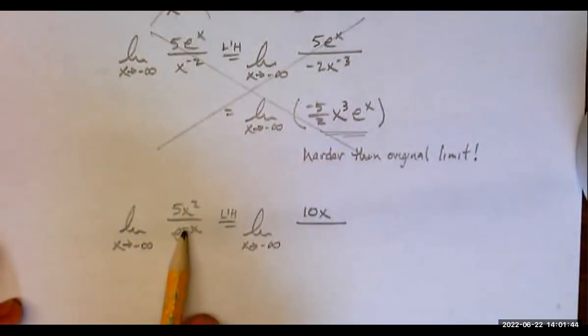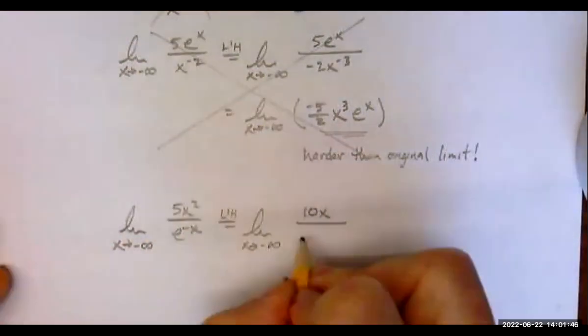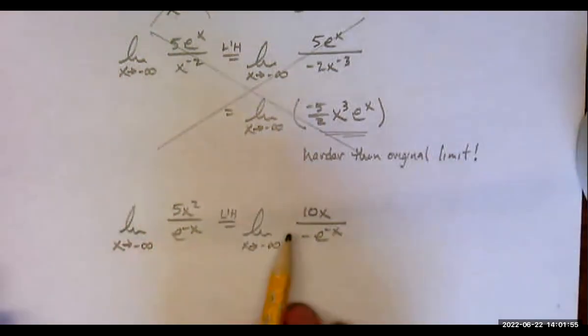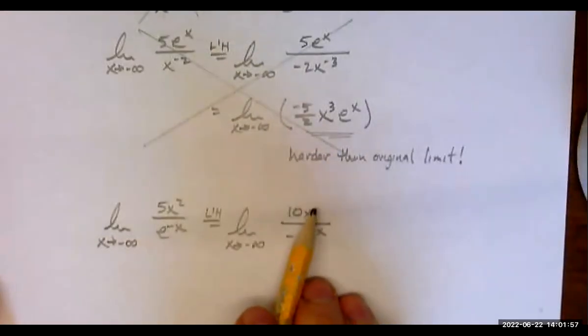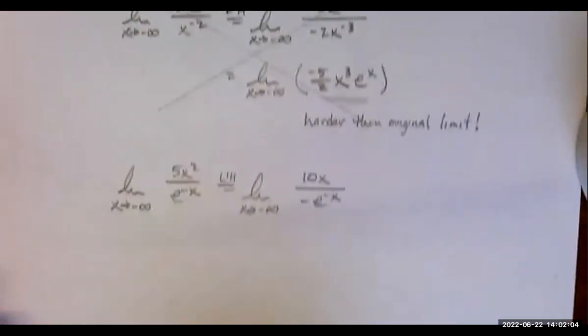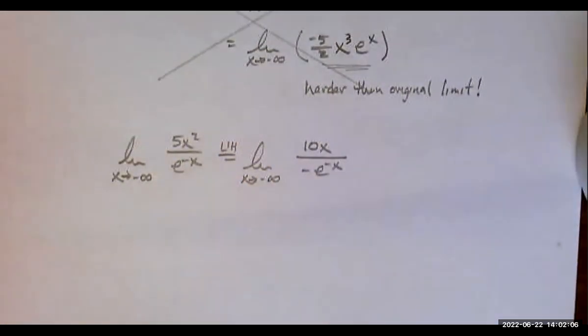We take the derivative of the negative x, which is negative 1. So this would be negative e to the negative x. Now that definitely looks simpler. We just have one power of x. It's still e to the x if we put it back in the top. We're moving in the right direction.